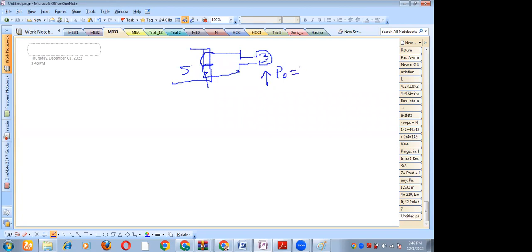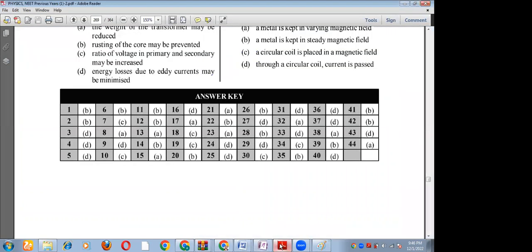So output power of the bulb is given as 100 watt, and this will be same as output power of secondary, right? So this we have to understand. If we can understand this, we can do the question. Got it? All right.